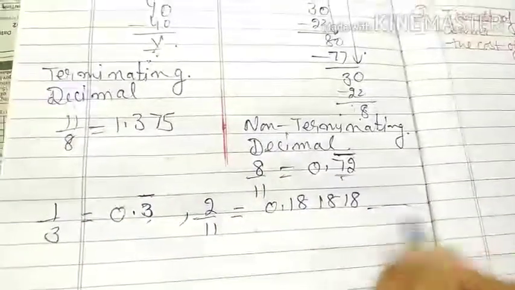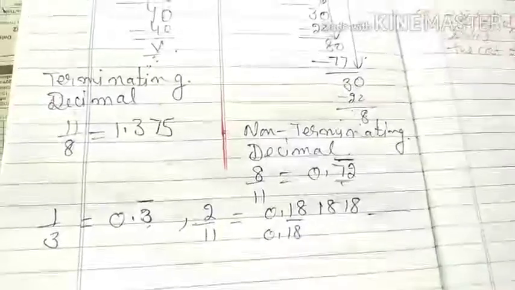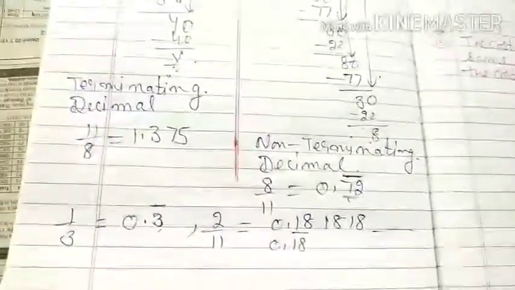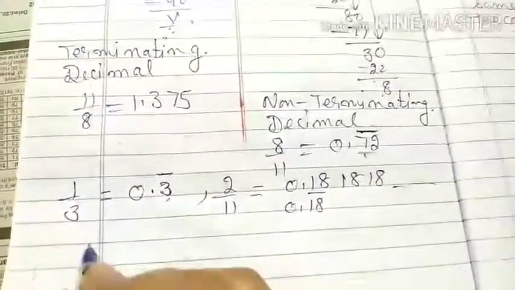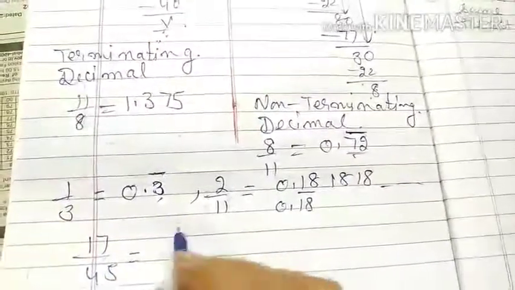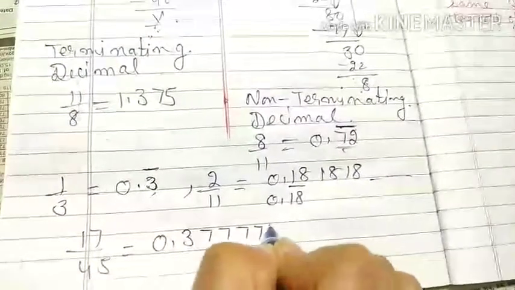So instead of writing 1818 again, I wind up with 0.18 with the bar line. That means 0.18 is repeated again and again. Similarly, if I have another question like 17 by 45, when I divide, I get 0.377777 here.